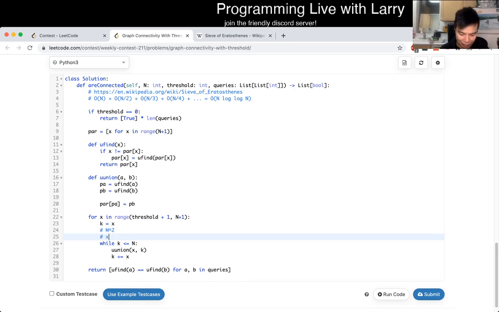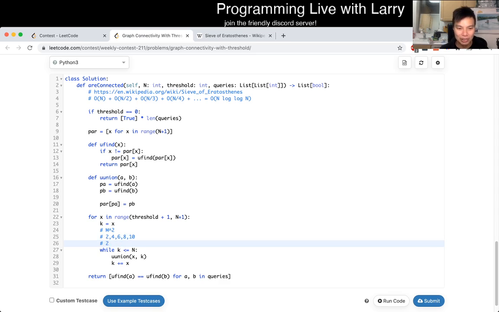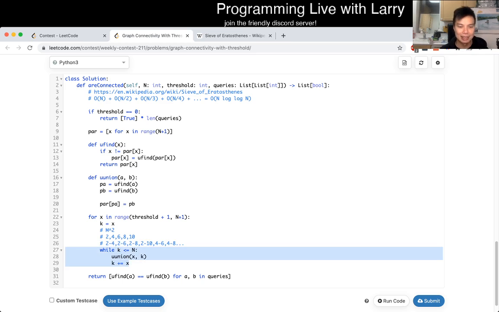For example, with even numbers 2, 4, 6, 8, 10, the edges could be 2 to 4, 2 to 6, 2 to 8, 2 to 10, and also 4 to 6, 4 to 8, and so on. But we don't have to care about these because of the transitive property: 4 is connected to 6 because 2 is connected to 4 and 2 is connected to 6. That's how we do the union straight up with x.